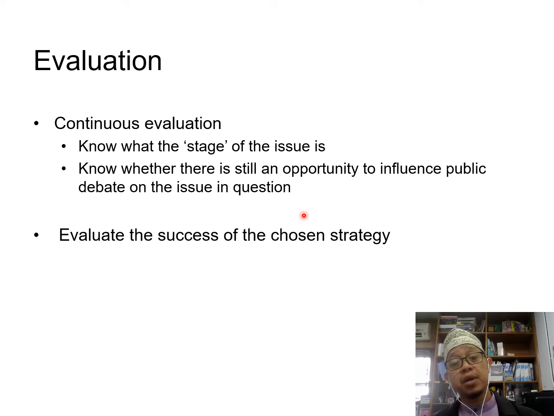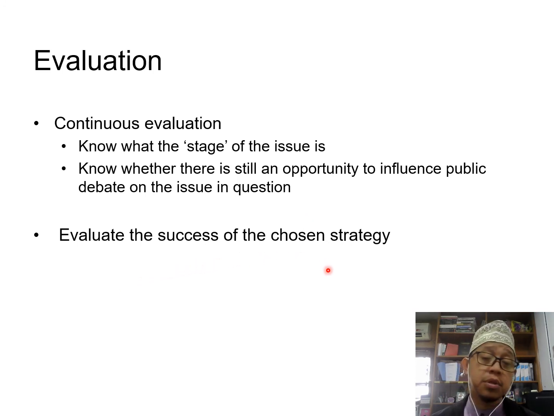Some organizations put up a watchdog to observe whether the issue still appears in public and whether people are still talking about it. You also evaluate the success of the chosen strategy. It is also important to see whether you may want to repeat the same strategy if a similar situation happens, and it can be used by other organizations to imitate the strategy for their own success.